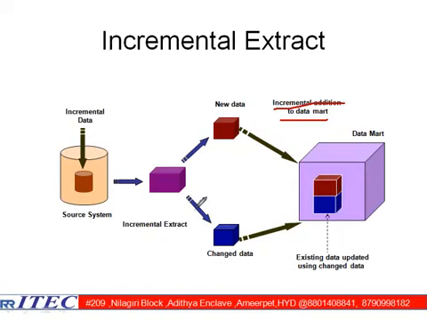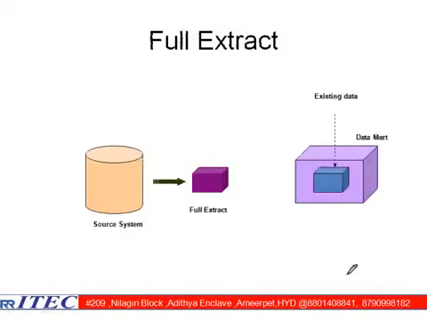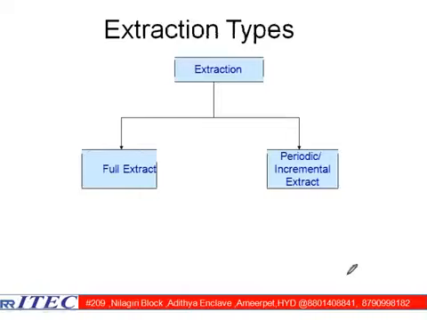Next one, I hope you understand this word also, right? Existing data is updated using what? Changed data. So now tell me, how many types of extracts are there? Two types. One is called full extract, the second is called incremental extract. Full extract means overriding the entire data of the target, taking the entire data.